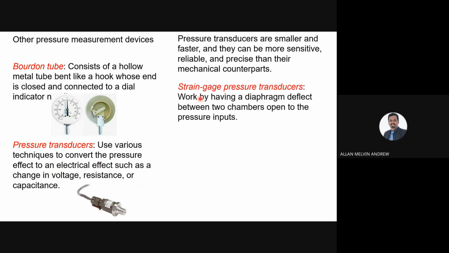Then we have strain gauge pressure transducers. They work by having a diaphragm between two chambers open to the pressure input. Normally, the strain gauge will be elastic. It is a type of pressure transducer that depends on the extension or retraction of the material.